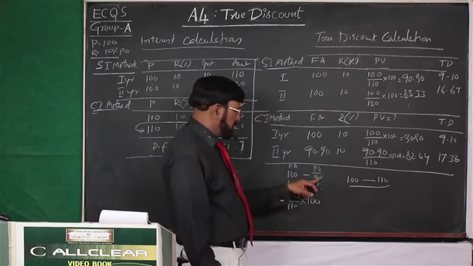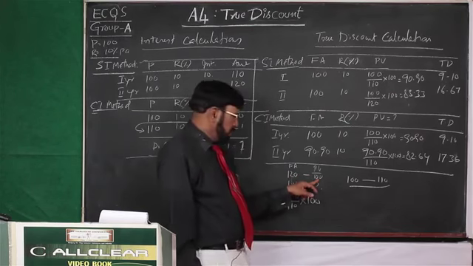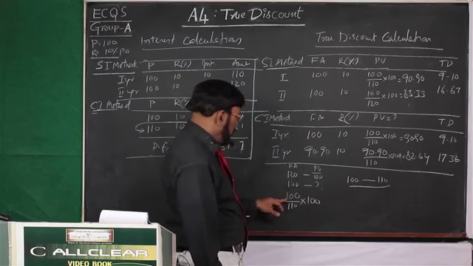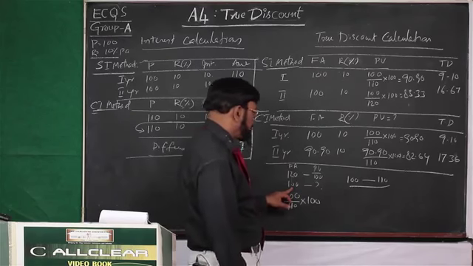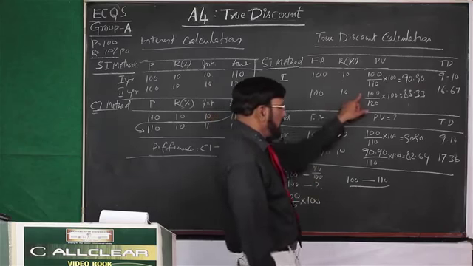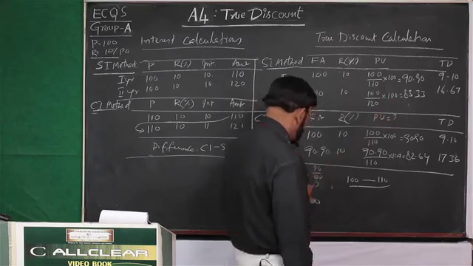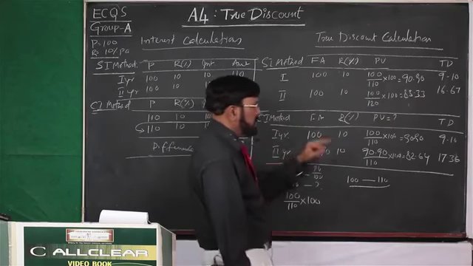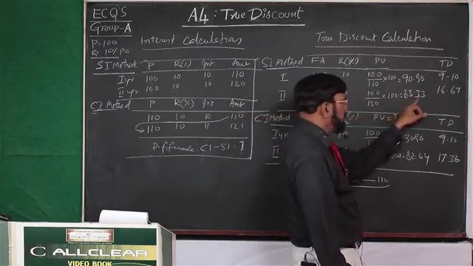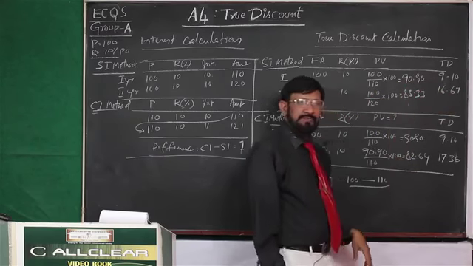So the future amount is 120, present value is 100 rupees. Now, 100 rupees is the future amount, what is the present value? So, 100 by 120 into 100. Just by this you can understand. Then 83.33. True discount is 16 rupees 67 paise.